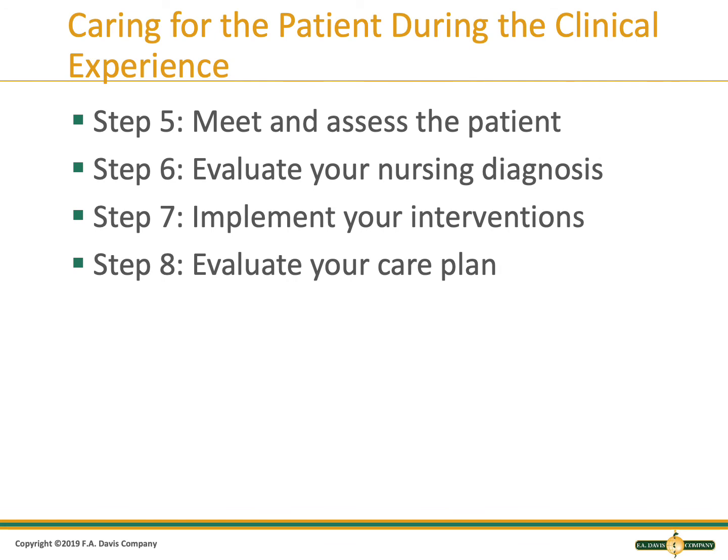With the expected outcomes, your book does a nice job showing some examples, and that's on page 65. Expected outcomes for each nursing diagnosis could be similar to the following. It states, patient will rate chest pain at 0 to 2 before discharge. Patient will ambulate 30 feet in the hallway without chest pain before discharge.